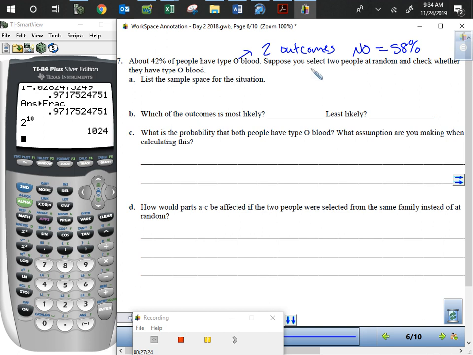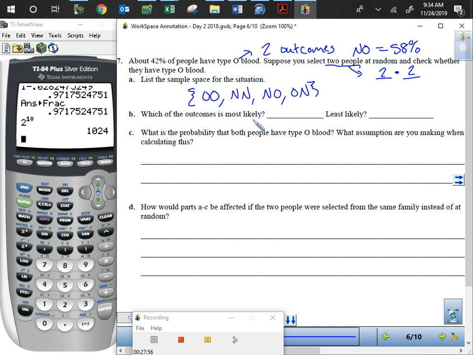So the sample space wants to talk about 2 people together. We could have those 2 people both having O. We could have them both having not O, or we can have a mixture. We could have not O and then O. We could have O, then not O. And that's all of our options, because remember, if we have 2 people, and they each have 2 outcomes, 2 times 2 gives me 4 possible outcomes.